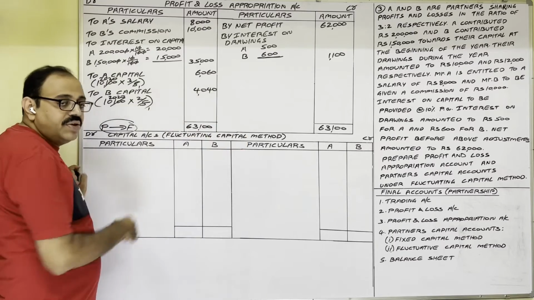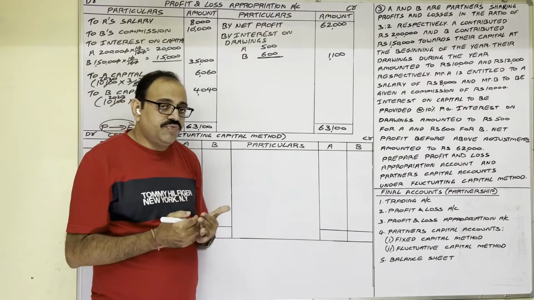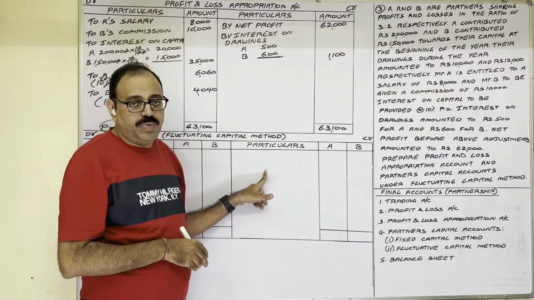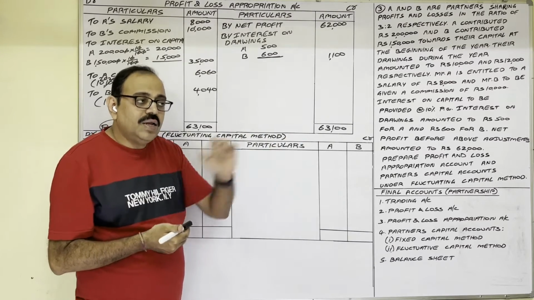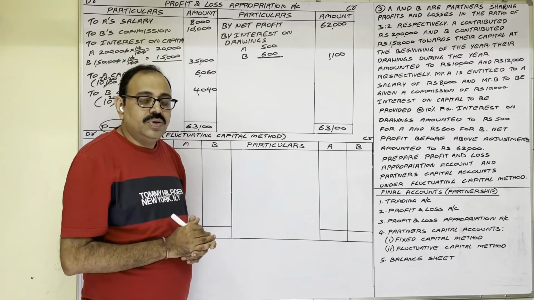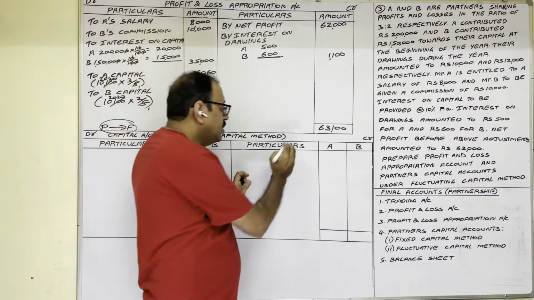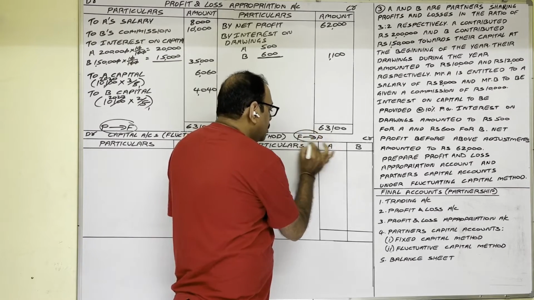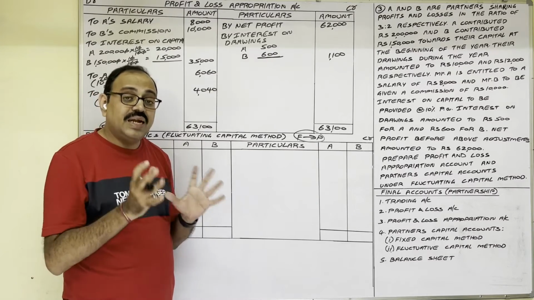Similarly, credit the giver means if a partner has given any benefit to the firm, credit side we should write. Same point in another manner I will explain. Partner has given to the firm. Suppose the partner is retiring, then the firm should return that amount to the partner, no? At the time of retirement, the amounts which the firm should return to the partner, credit side we should write.